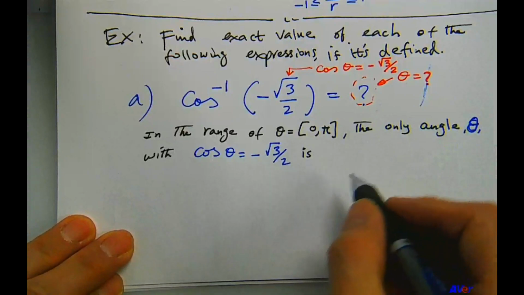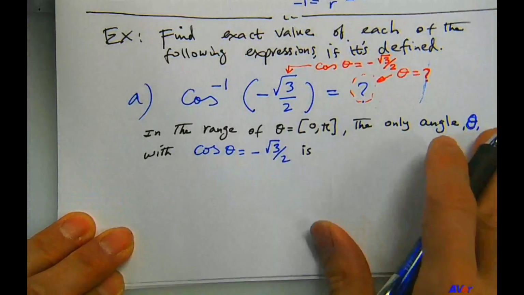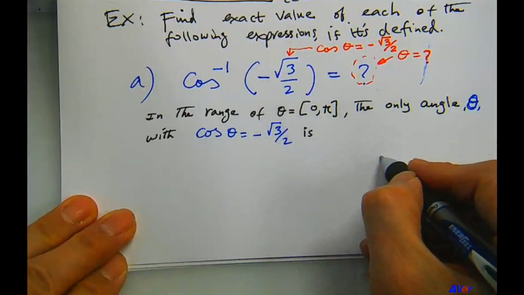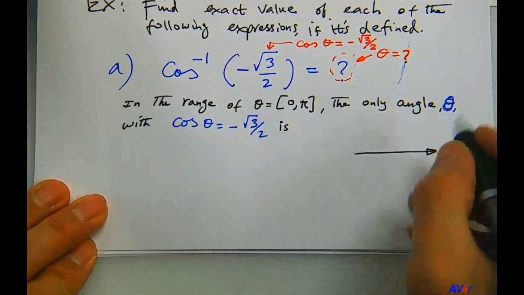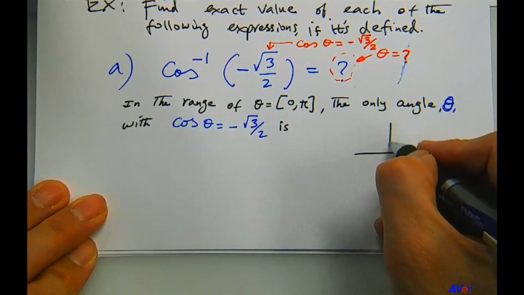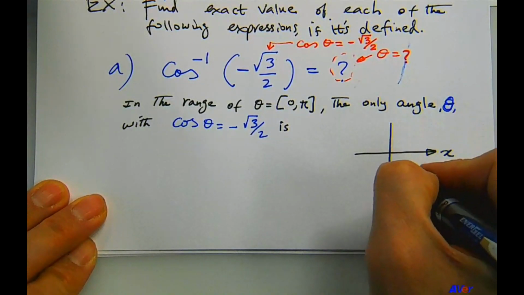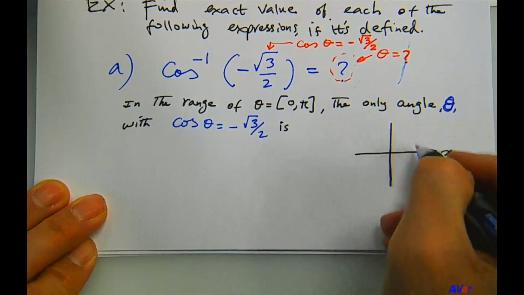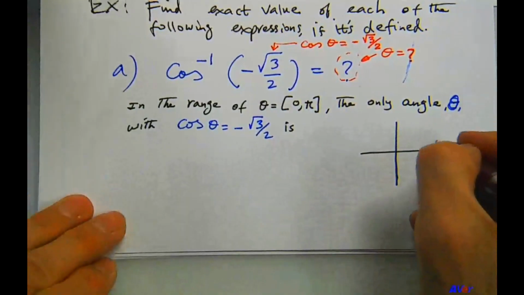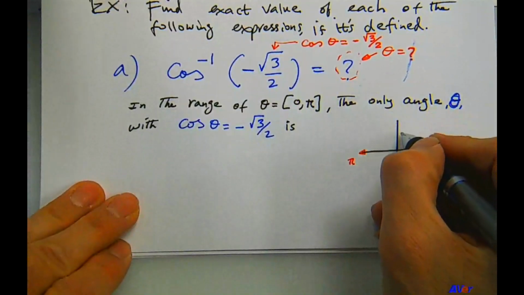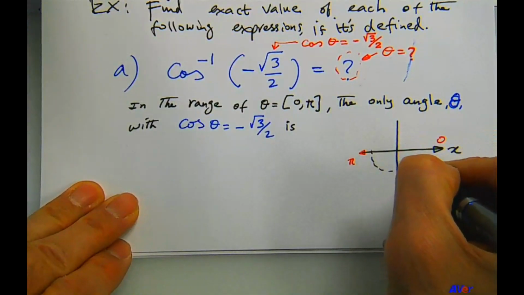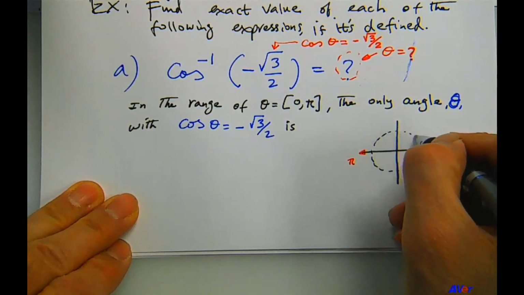we want the reference angle to be, so I'm just going to draw a quick small sketch. So we know in this 0 to pi range, I'm going to roughly sketch a circle here.